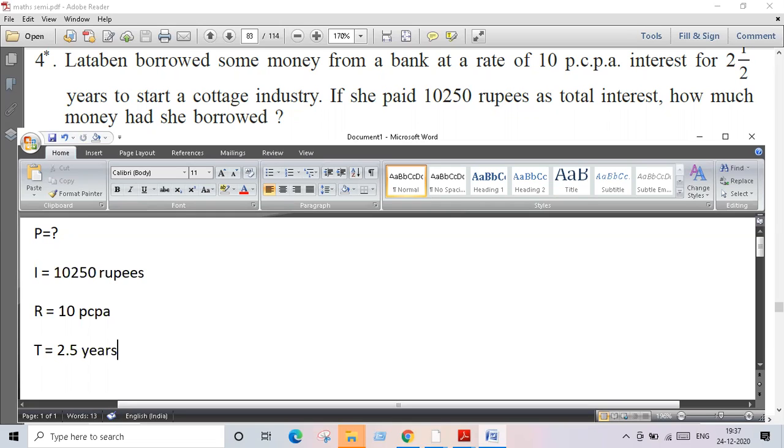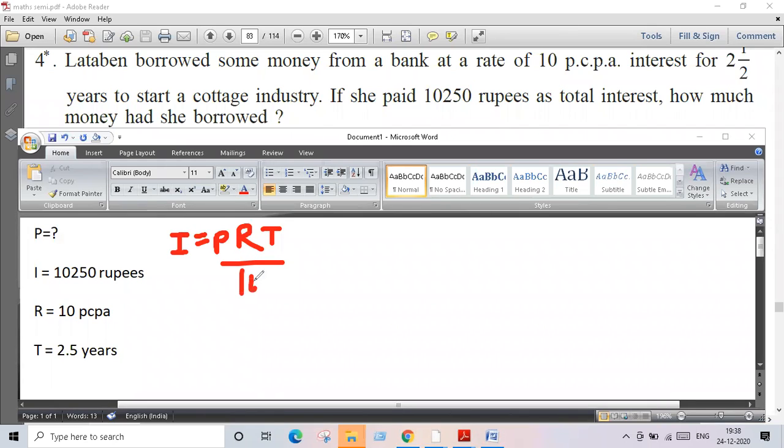So same formula we are using here, guys. I is equal to P into R into T upon 100. I is 10250.